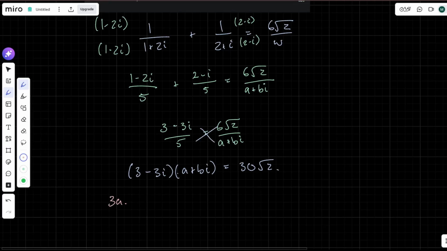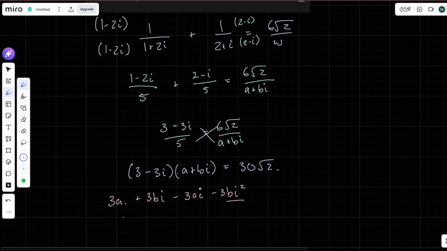So 3a plus 3bi minus 3ai, and then finally minus 3bi squared. So 3a, these two can go together, and i squared is minus 1 again, right?